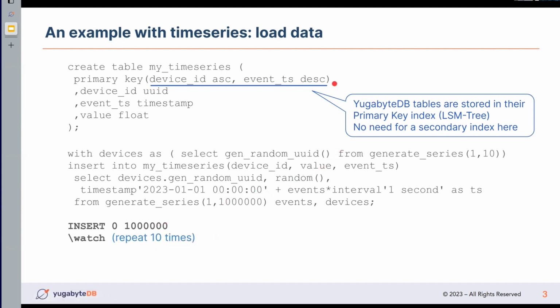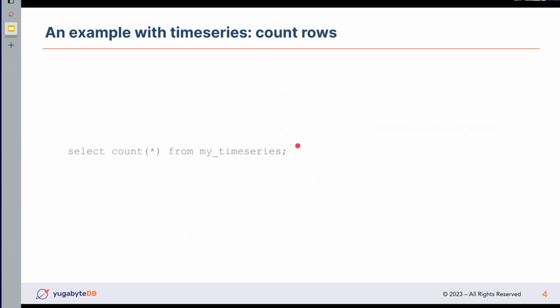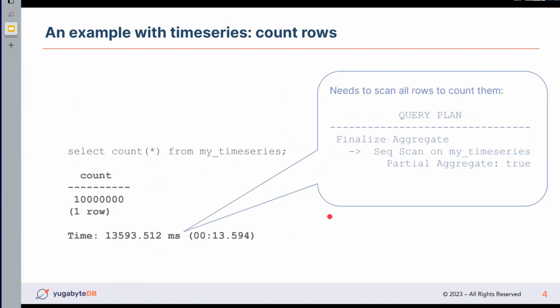And the most important thing, as I mentioned, is that Yugabyte stores everything in the primary key, and that's much faster when you have no secondary indexes. So the distinct, as we have seen, is very fast. But the count is not so fast because it has to scan all the rows and count them.